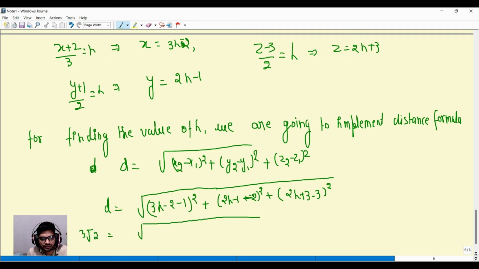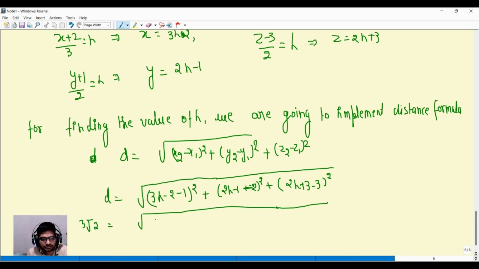We are going to solve these. This gives (3 lambda - 3) whole square, (2 lambda - 3) whole square, and (2 lambda) whole square.